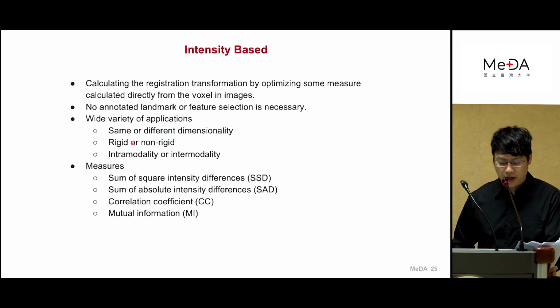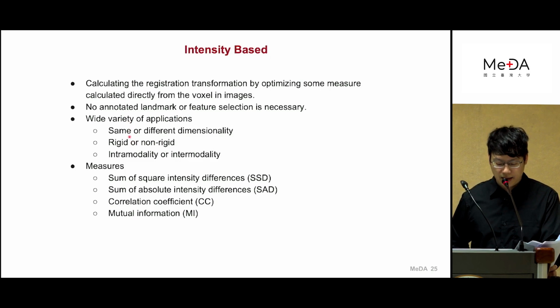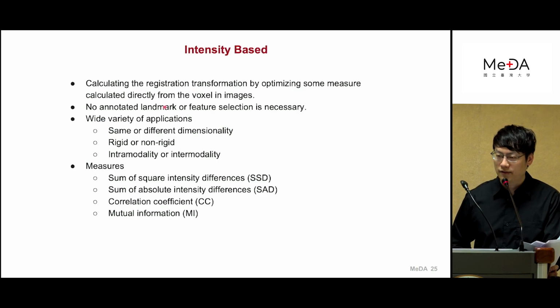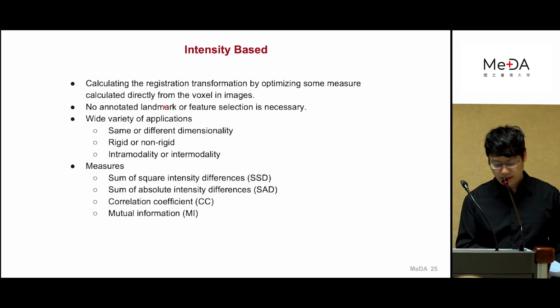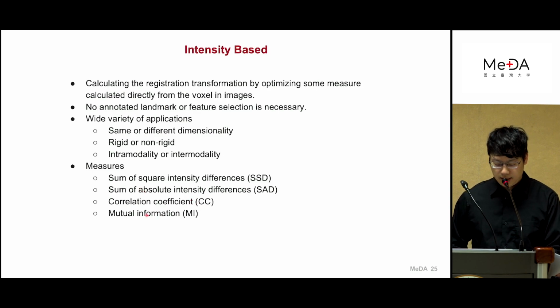Intensity-based similarity involves optimizing some measures calculated directly from the voxels in images, eliminating the need for annotated landmarks, so making it an unsupervised method. We will focus on four measurements, including sum of square intensity differences, sum of absolute intensity differences, correlation coefficient, and mutual information.